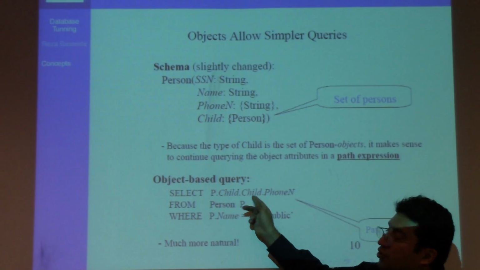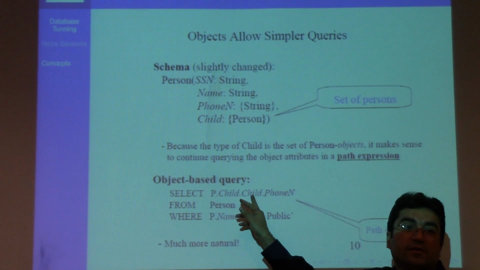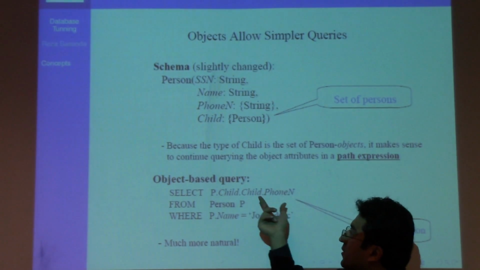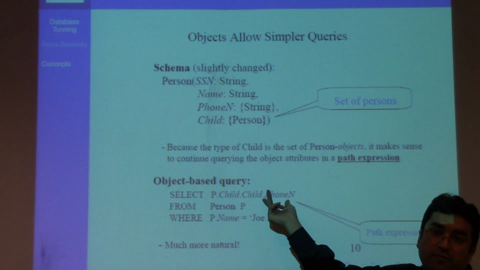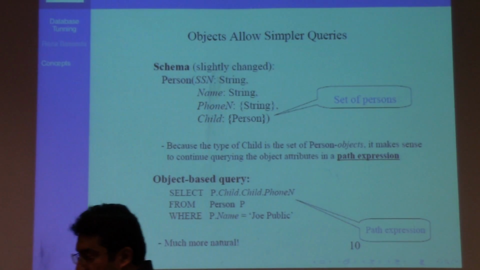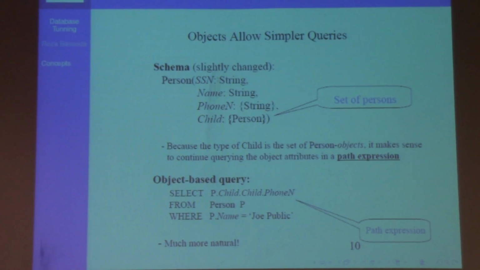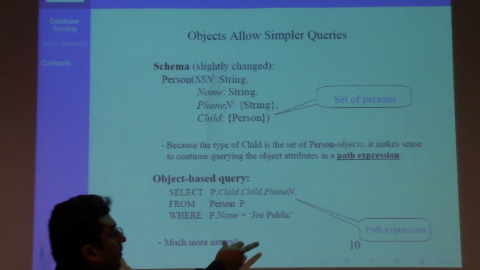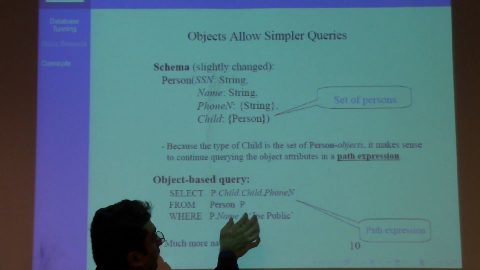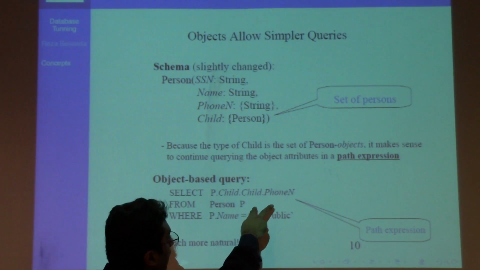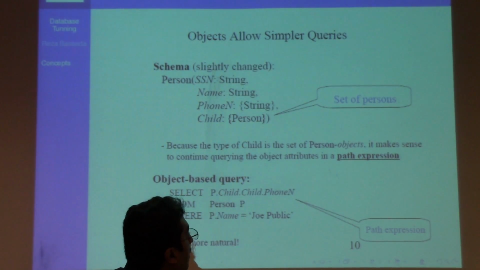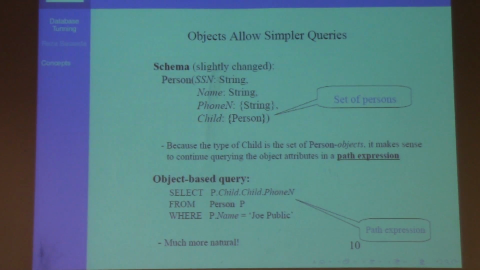If I put dot child over here, it means a child of this child, that is, grandchildren of that person. Also, this child has a phone number. If I select it through a dot phone, then I am selecting phone numbers of grandchildren of P. If P is Joe Public, and we put this constraint on the name, then we are finding the phone numbers of grandchildren of Joe Public. Okay.